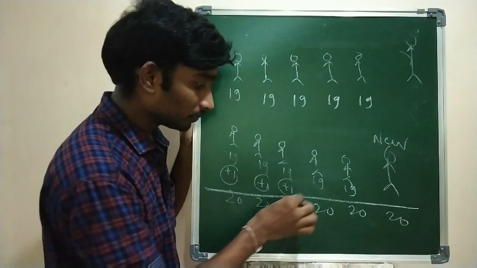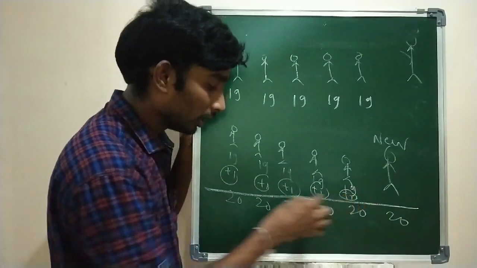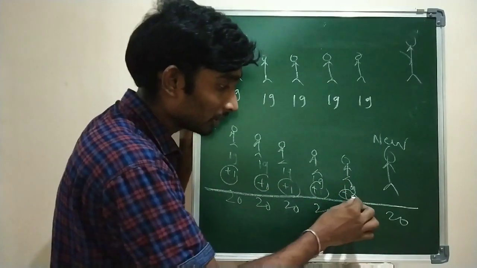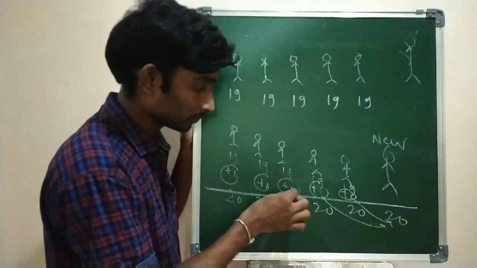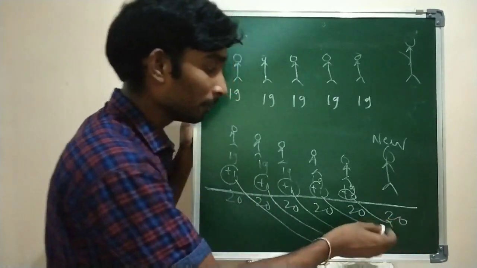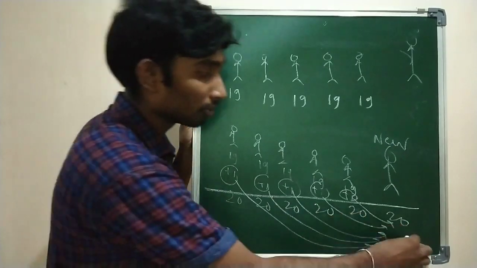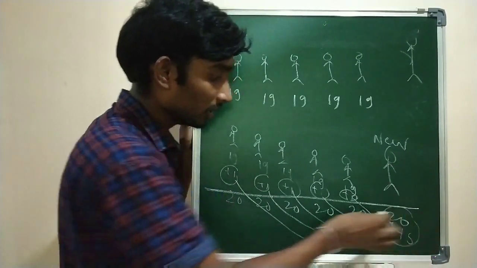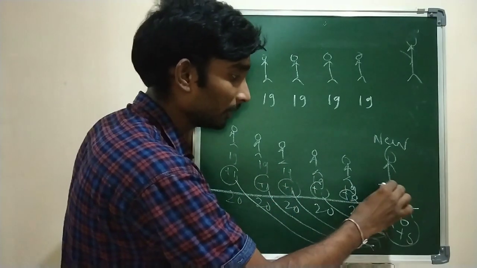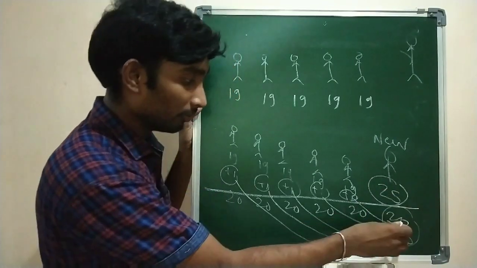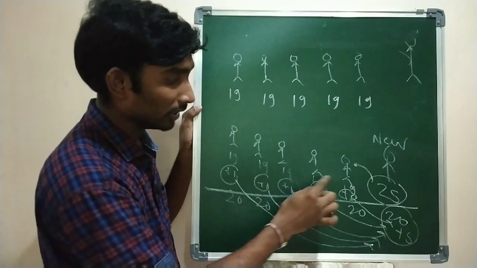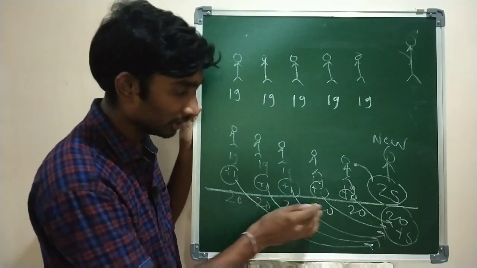Now where will this 1, 1, 1, 1, 1 come from? It will come from the age of this boy. This additional 5 years will come from this boy, meaning if this is 19 plus 5, then what will be the age of this boy? 25. When we equally distribute 19, 19, 19, 19, 19 and 25, it will become 20, 20, 20, 20, 20, 20.